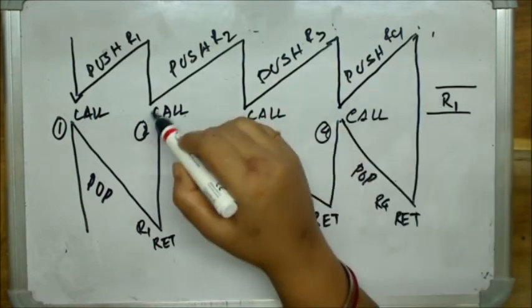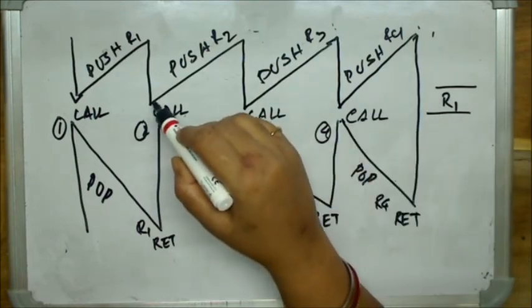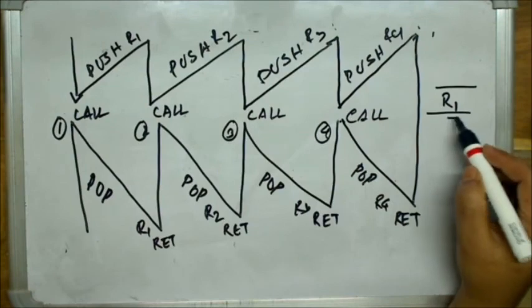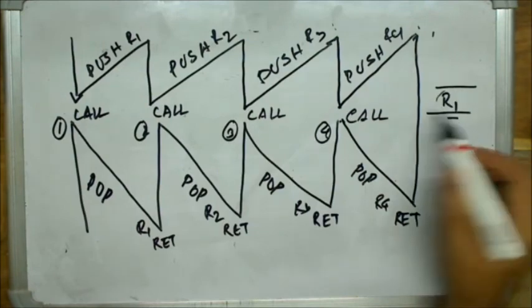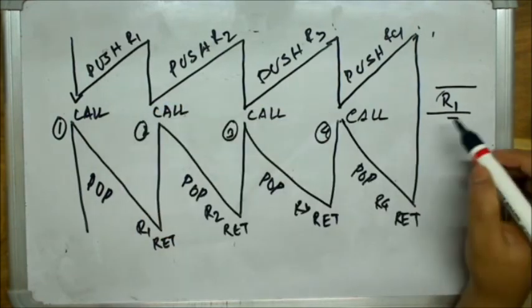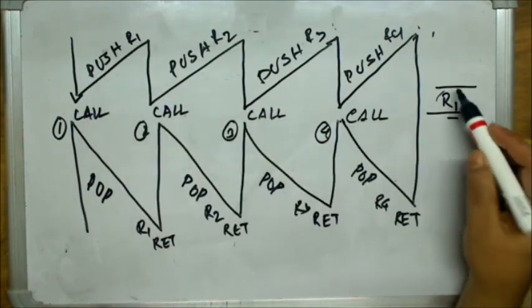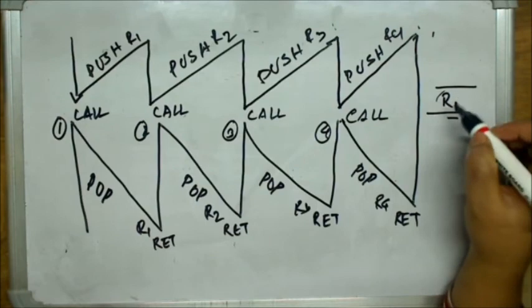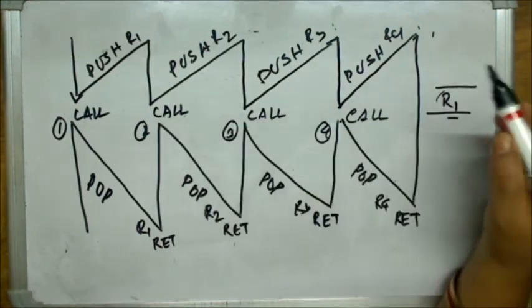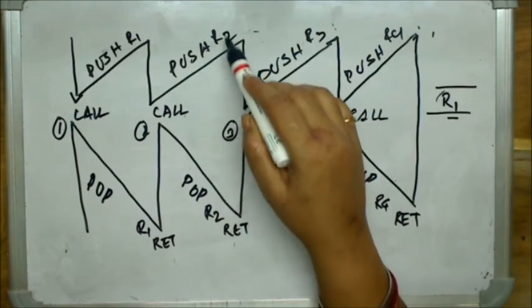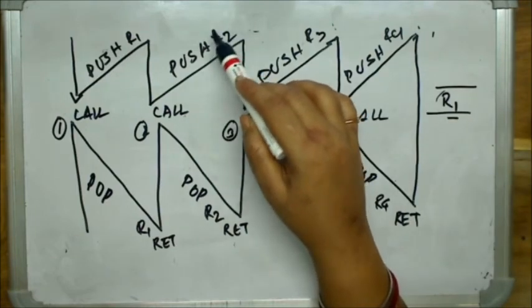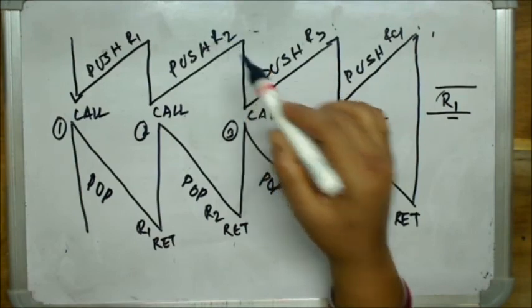Again, it gets another call. How does the processor store the return address into the stack? By push PC. That is, the return address gets stored in the stack. Then after that it gets another call, so it has to store the return address 2. I have marked the second return address as R2.